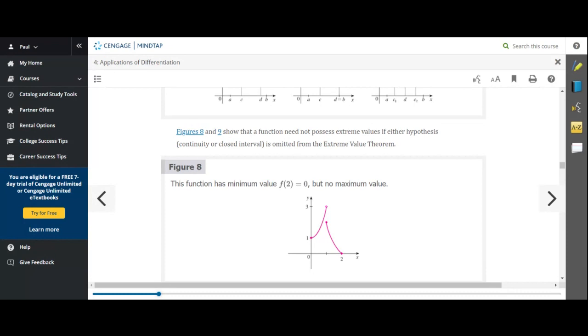All right. Well, what about this though? Couldn't the maximum value be like 2.99?